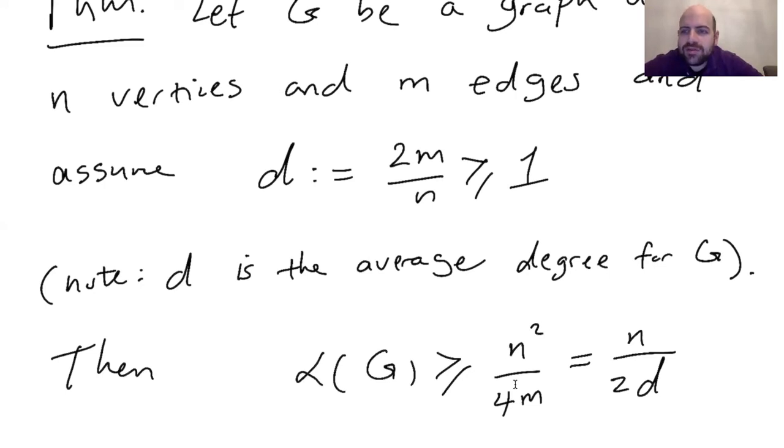What should happen to the independence number? Well, we need to find an independent set with the largest possible size. But independent set means what? A set of vertices where no two of them that you consider are connected, right?